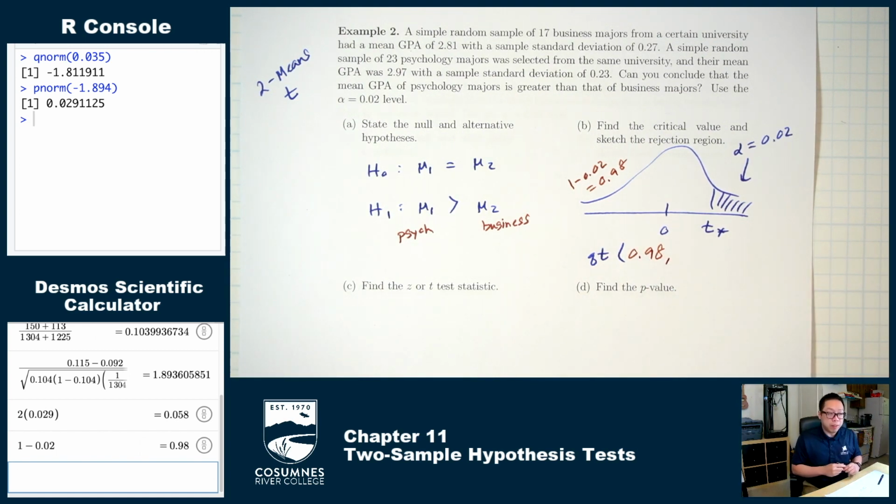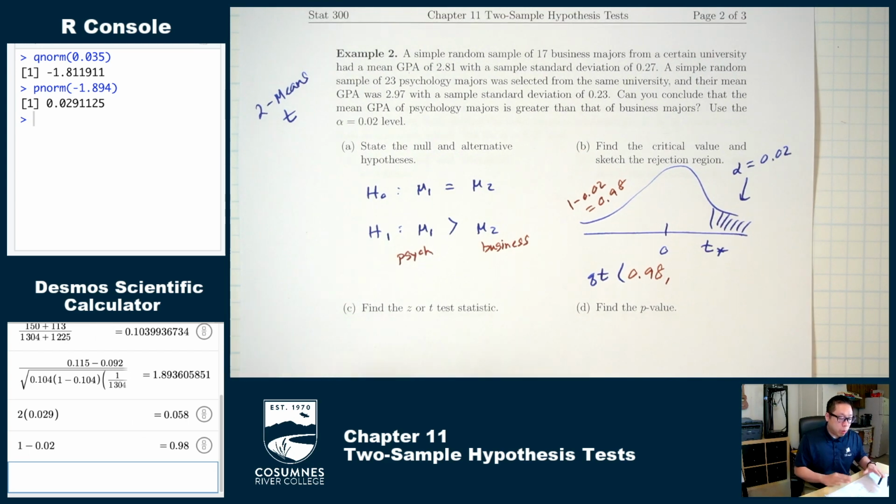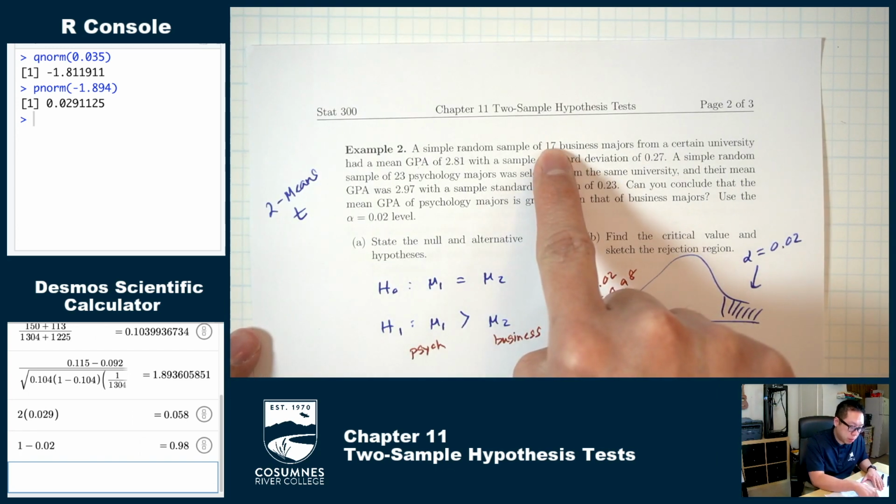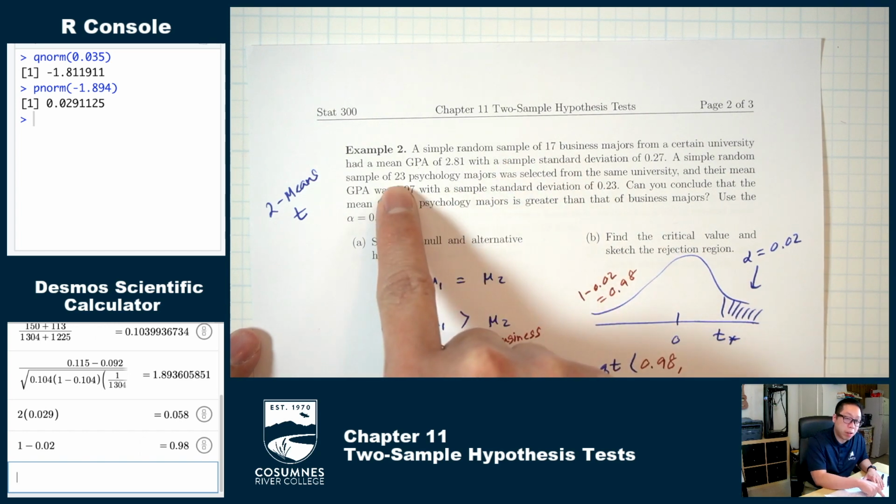QT has a DF, degrees of freedom, which is 1 less than the sample size. Now, for 2 samples, which sample size do you use? So you actually use the lower sample size. Okay, so we have a sample size of 17 business majors and 23 psychology majors.